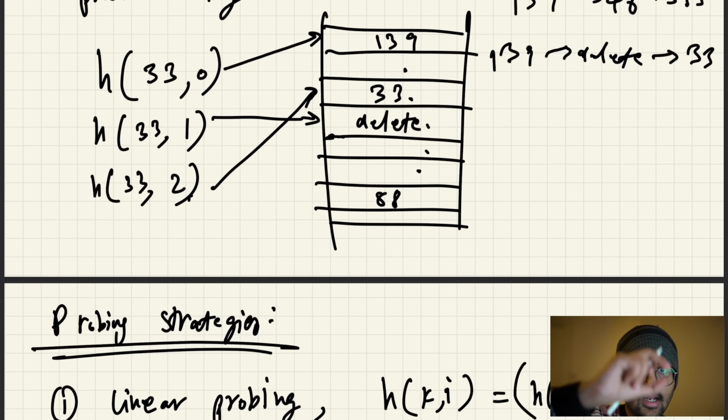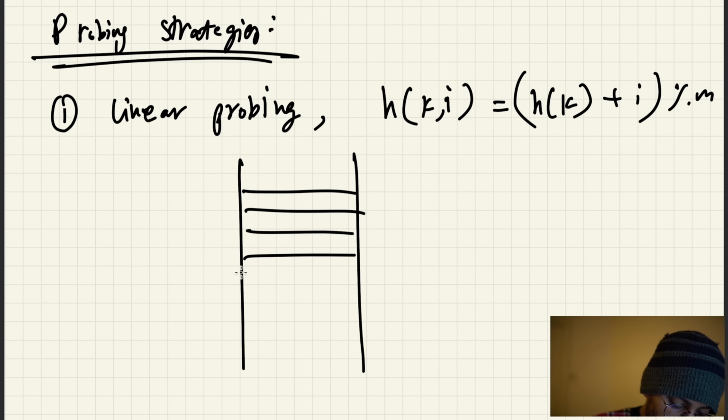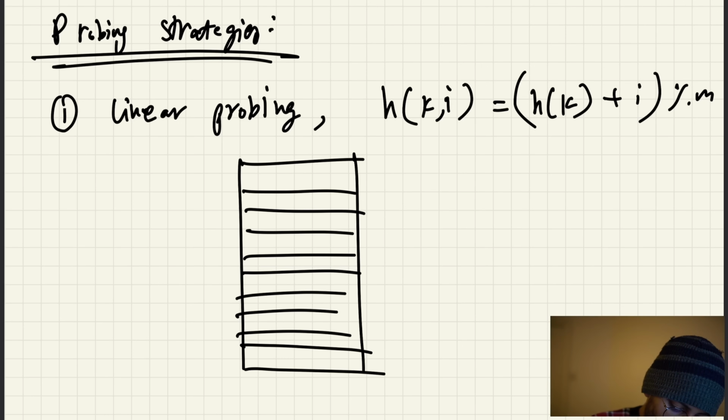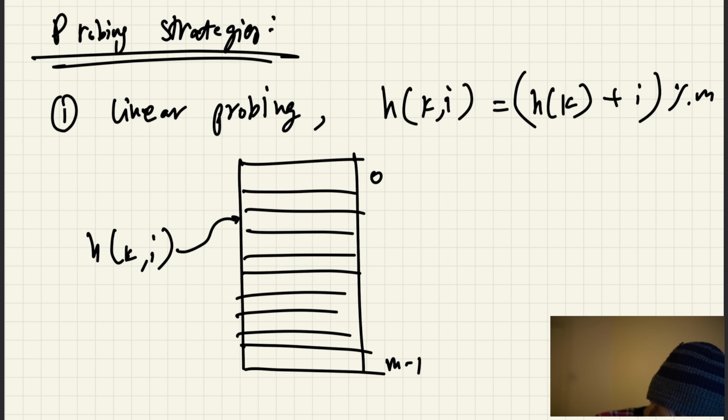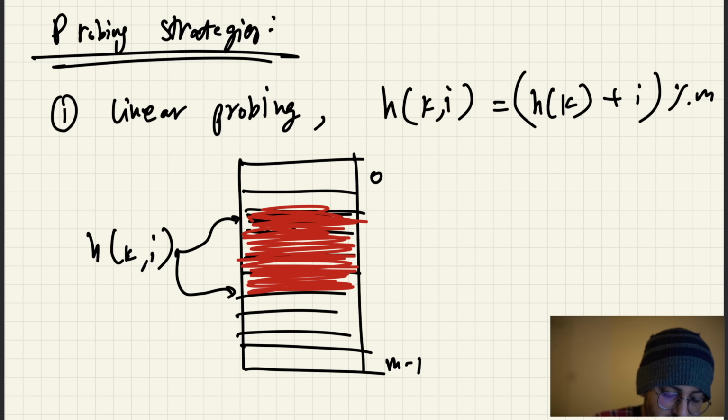So it is linearly jumping, with indices from 0 to m minus 1, because I'm jumping linearly.